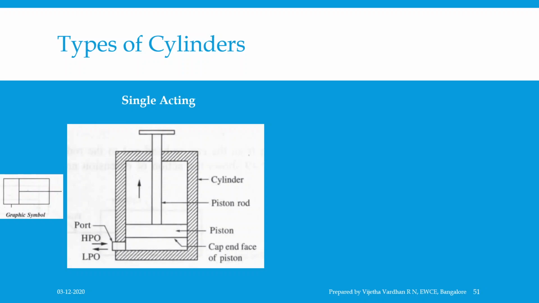In a single acting cylinder, extension is due to high pressure oil, abbreviated as HPO, acting only on the cap end side of the piston. Single acting cylinders are featured by a single port at the cap end side of the cylinder. In this case, the retraction of the cylinder is either due to gravity, that is self-retraction, or due to a spring provided on the rod end side of the cylinder.